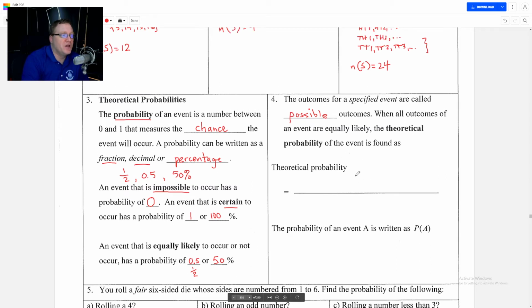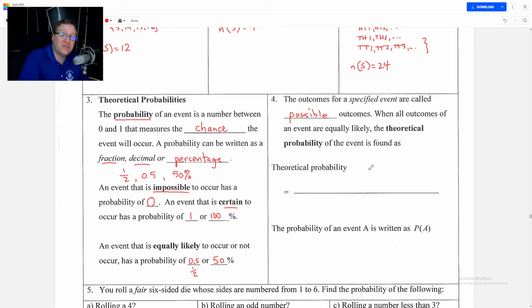So let's go back to our die. We're rolling a die. When we roll the die, everything has the same probability of happening. The chance that I get a 1 is the same that I get a 2, that I get a 3, that I get a 4. They are all equally likely to happen.